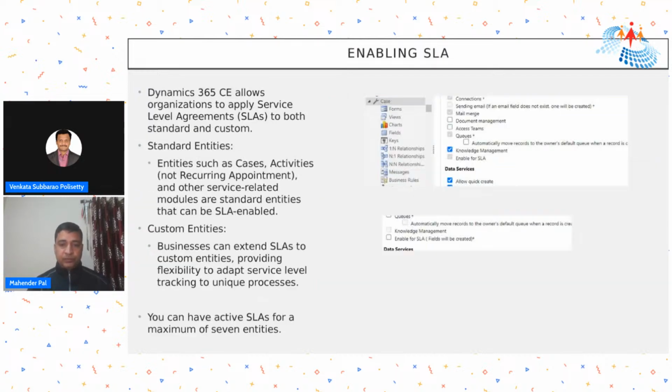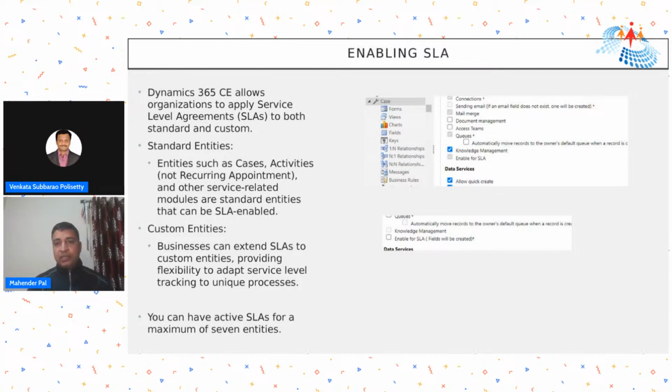Now, let's say we have that SLA and we want to enable it for some entity, for example the case entity. This is a very important entity in customer service, because the complete customer service module is based on the case entity, right?